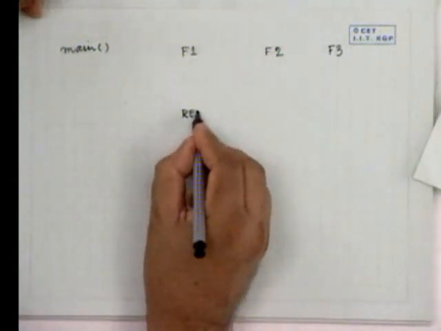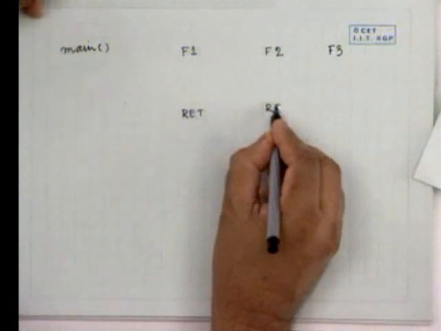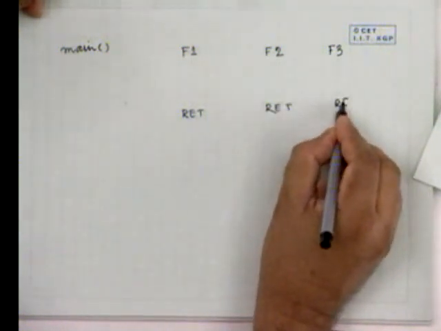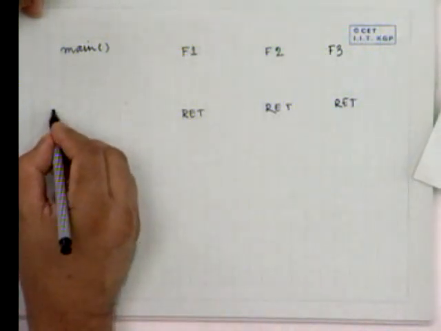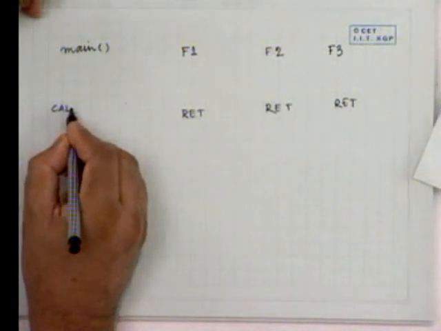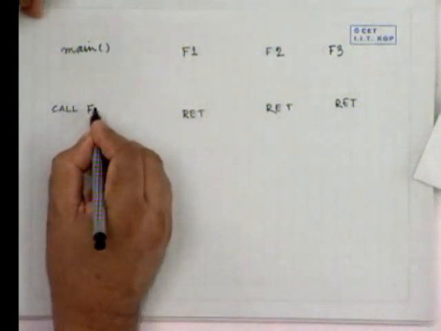Every one has a return statement, this has a return statement, and this has a return statement. And here we make a JSR to F1, or say call to F1.